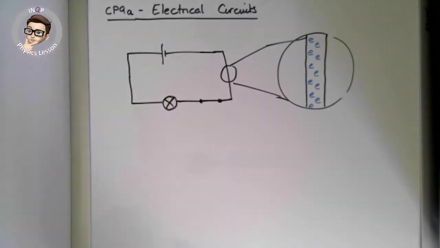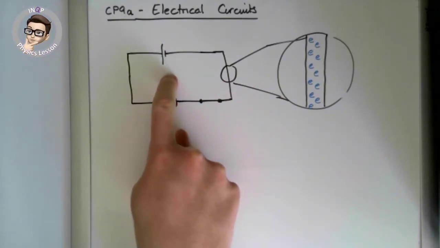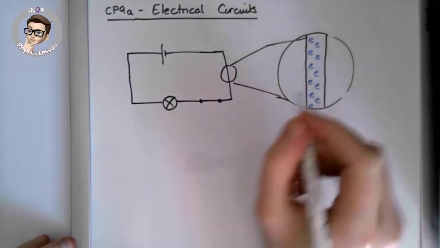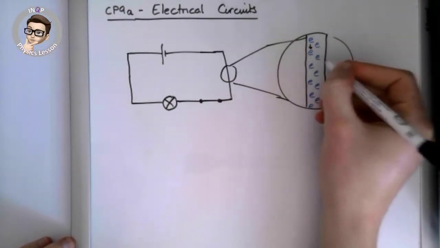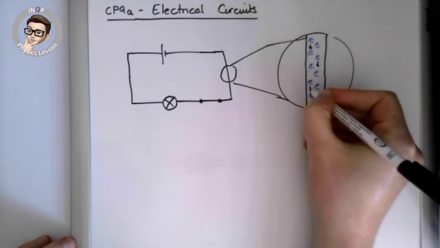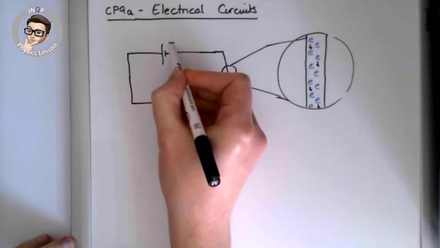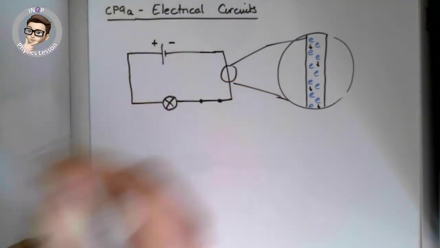Once we close the switch, or put the cell into the circuit, these electrons start to move in this direction. Why do they start to move in this direction? Well, because this side is negative and this side is positive.